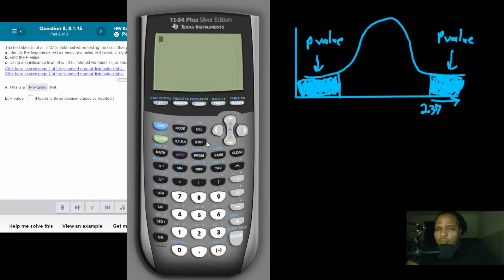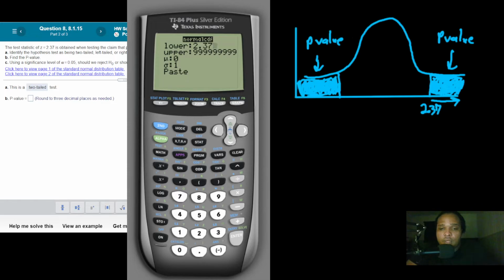All right, so let's do it. Second vars, normal CDF. What is our lower? What is our upper? Your lower is going to be wherever your test statistic is, so 2.37, because remember, we're calculating from here all the way to the right.